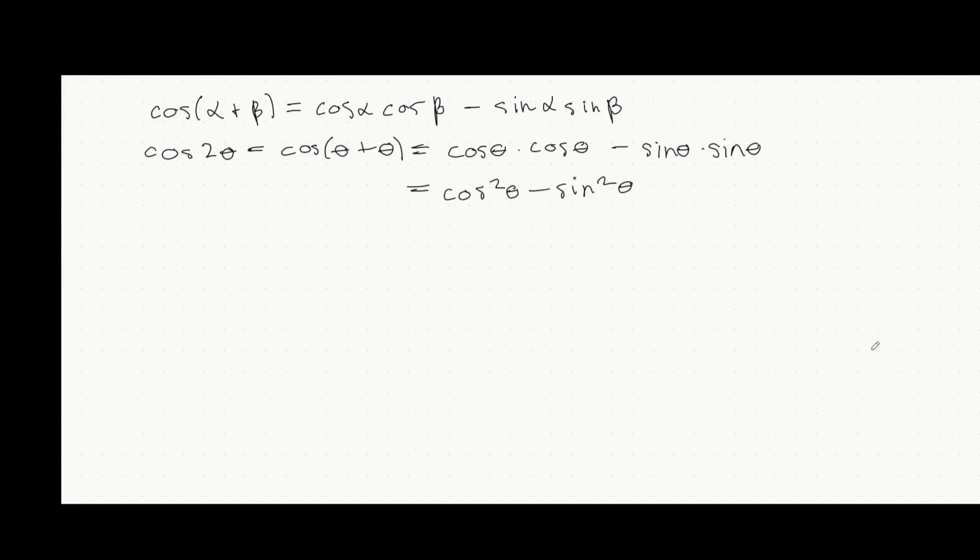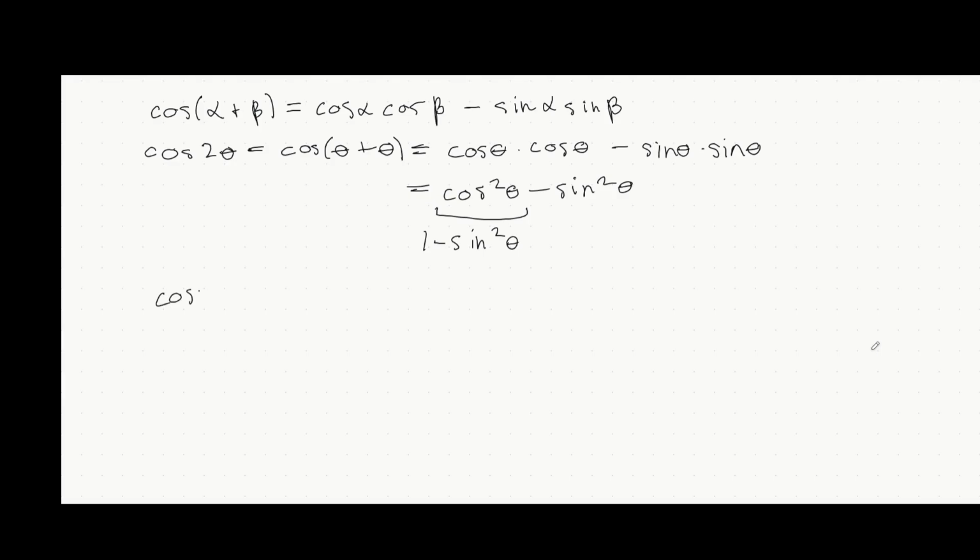We're trying to reduce the power. So what we're going to do is use the Pythagorean identity, which is sine squared plus cosine squared equals 1, and so cosine squared theta is 1 minus sine squared theta.